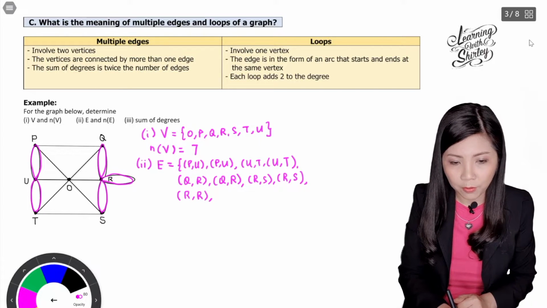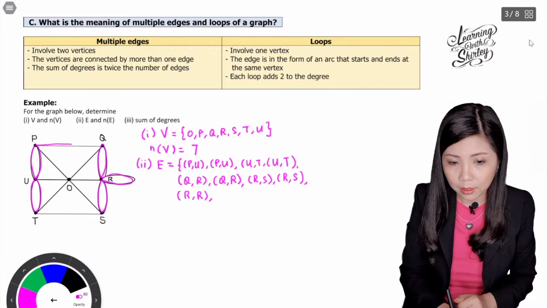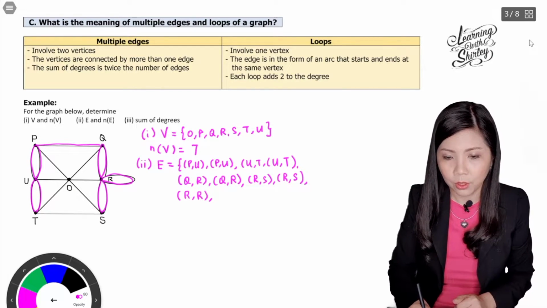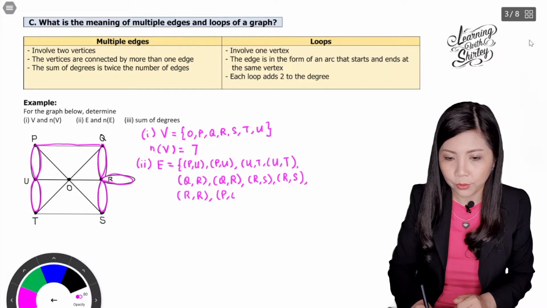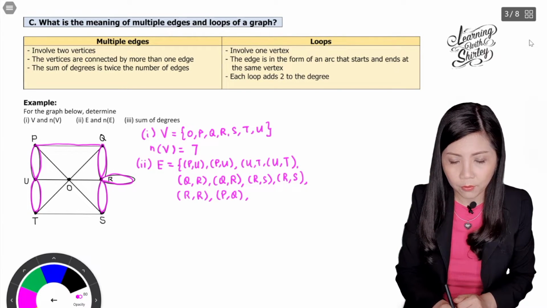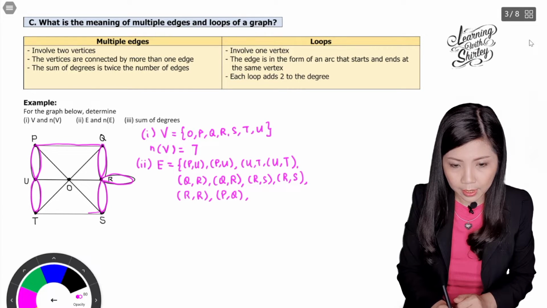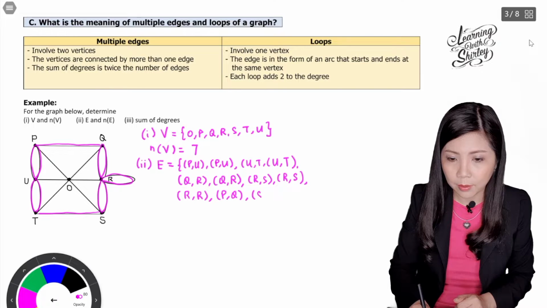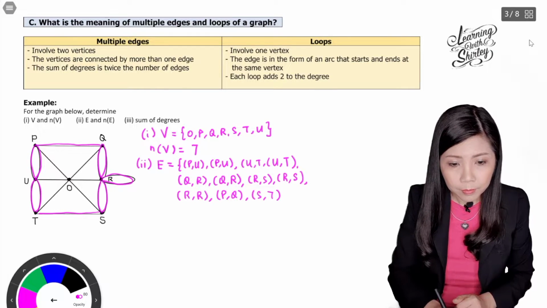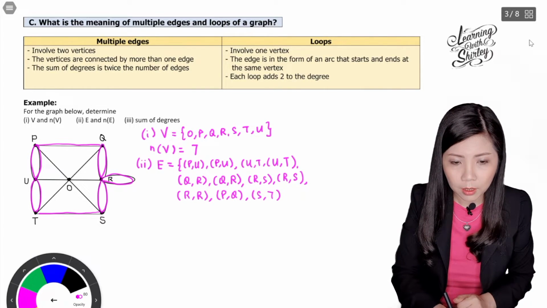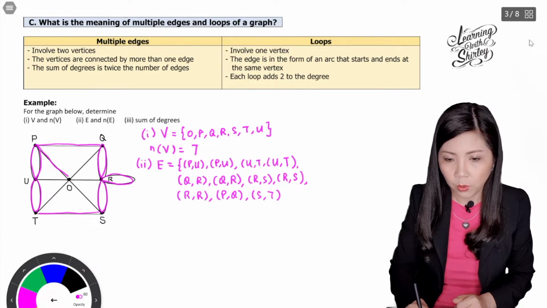Next we have P, Q. So we have PQ. Then we have S, T. So we have ST. And then we have P, O. So we have PO.